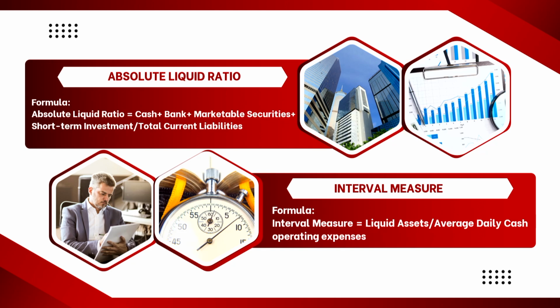In the same line, the next ratio which is equally addressing the liquidity status of a company is the absolute liquid ratio. Perhaps it is the most stringent measure to address the ability of a company to meet its short-term obligations, and absolute liquid ratio is going to only accommodate those current assets which are almost on the verge of being converted into cash without any loss in value or shrinkage in value, and they are essentially the cash in hand, the cash at bank, the marketable securities and short-term investments which are at the disposal of the company.